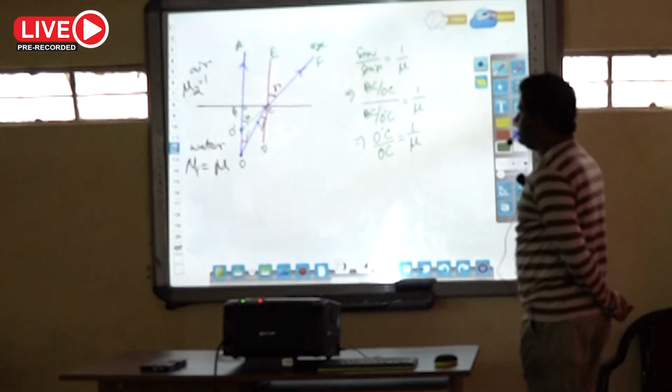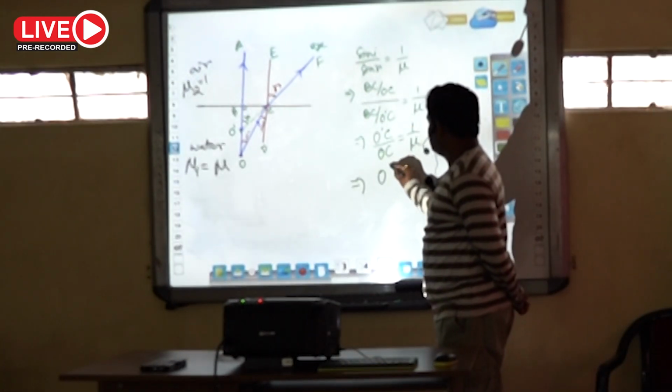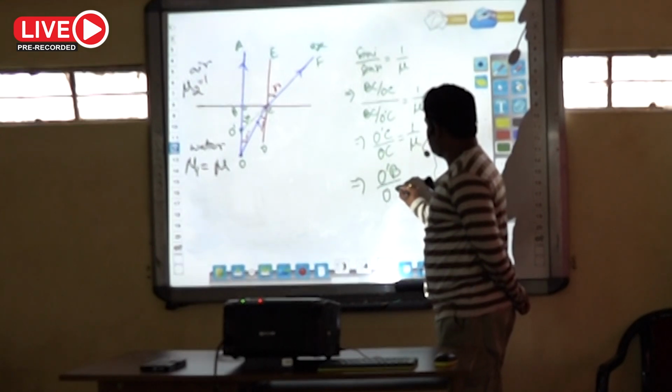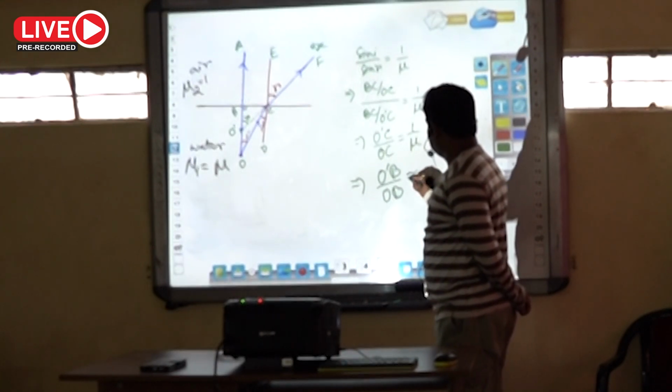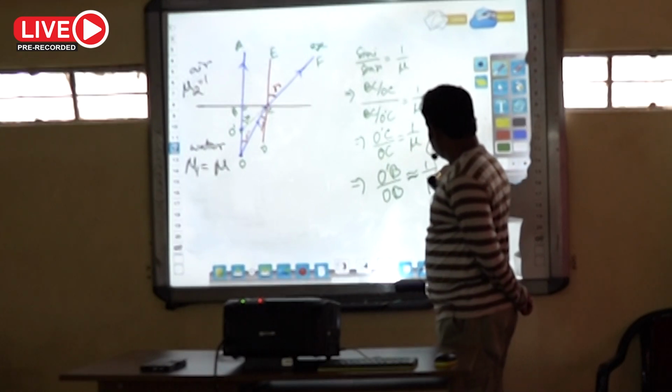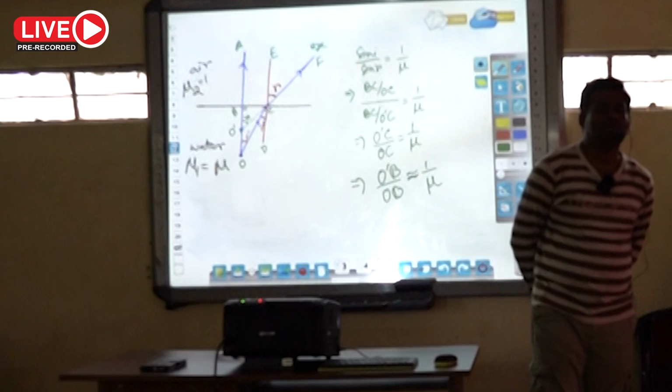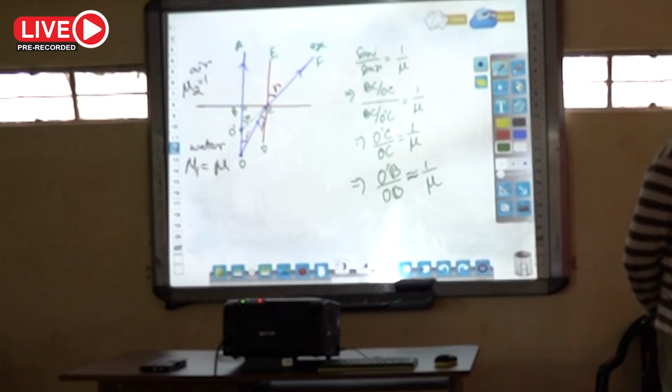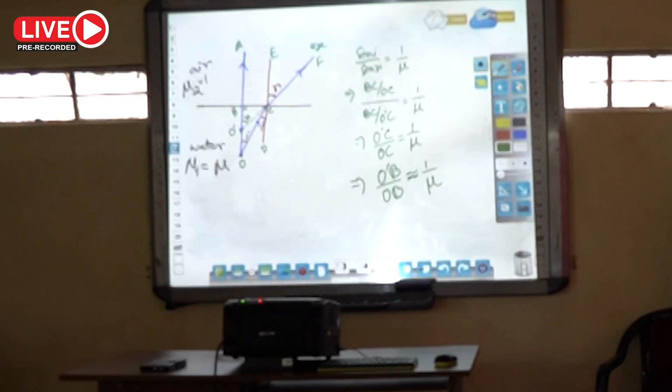Then I will immediately write O prime B by OB is equal to 1 by mu. How can I write that? Instead of O prime C, I write O prime B, and instead of OC, I write OB. Because all those hypotenuses are replaced by base, I claim that the result remains unchanged.